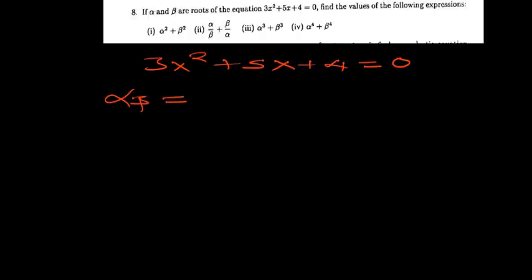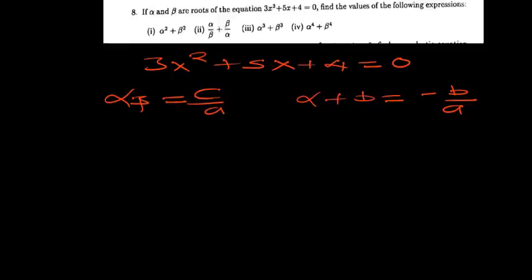Alright, so given alpha and beta the roots of the equation 3x squared plus 5x and then plus 4 equal to 0. Given that's the case, we are supposed to determine the given expression. So alpha and beta can be expressed in terms of the product, which is c over a, and the summation, which is negative b over a.